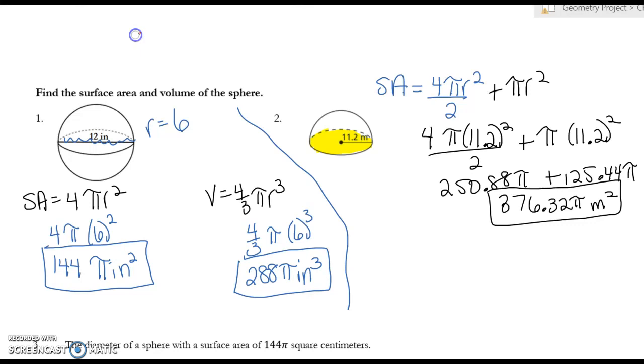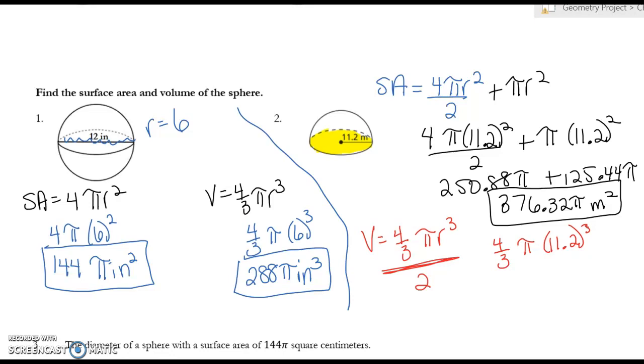Okay, so I'm going to change colors and do volume now. Volume is 4/3 pi r cubed. And again, I only have half of it. So I'm going to take that volume and divide by 2. I'm going to find this volume first, and then when I'm done, I'm going to divide the answer by 2. So it'll be 4/3 times pi times 11.2 cubed.